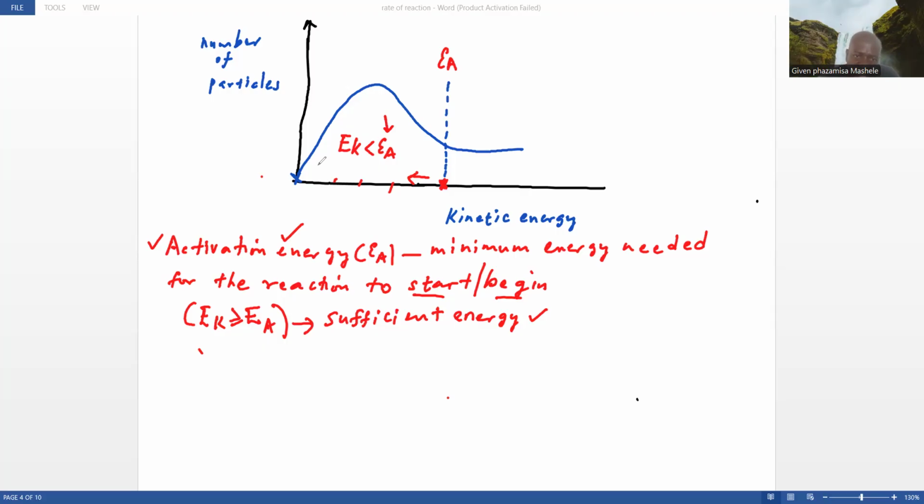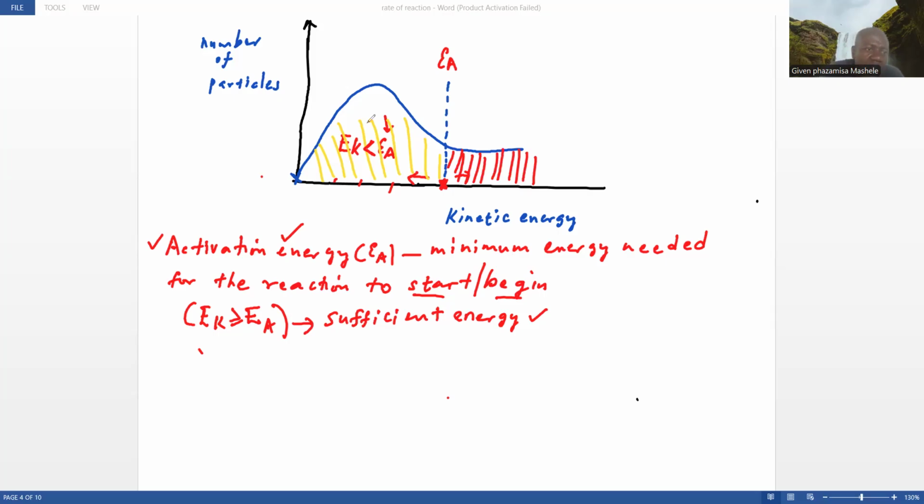So this region here, let me use a different color, this area is where the average kinetic energy is less than the activation energy. But how about this other side, this region here?